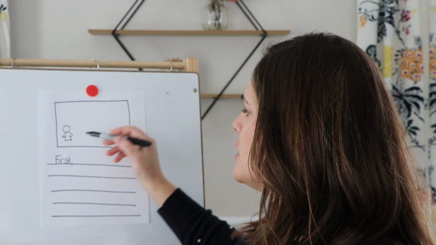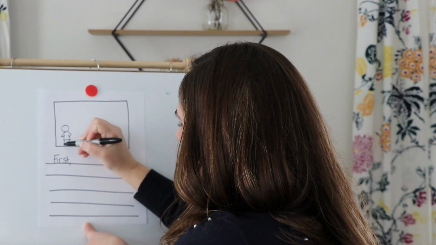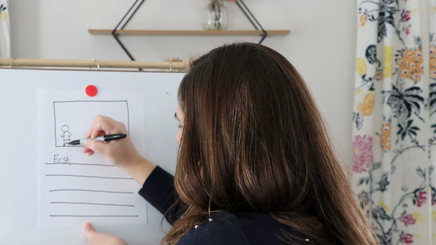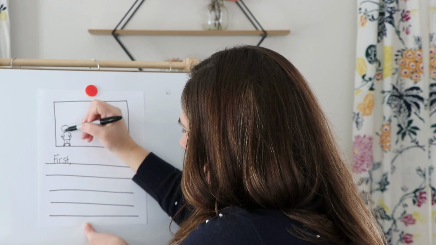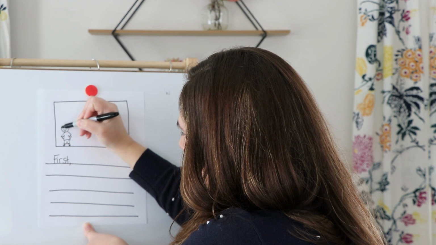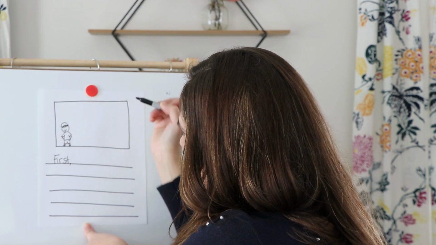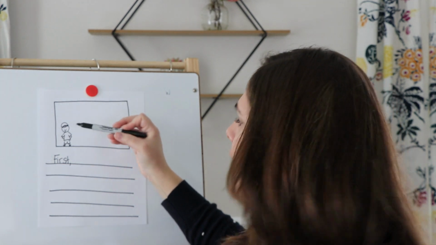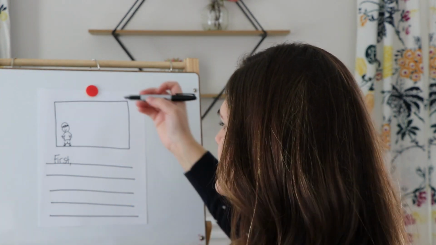So this time I'm going to draw my boys first. But instead of just drawing stick figures, I'm going to try my best to add a little face here. I'm going to draw their hat already on their head. I'm going to draw a t-shirt and pants. I'm going to add a little more detail.